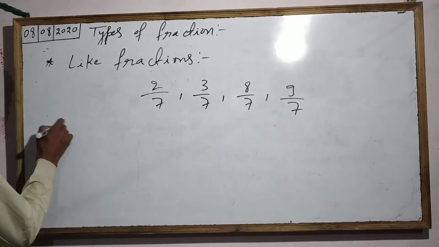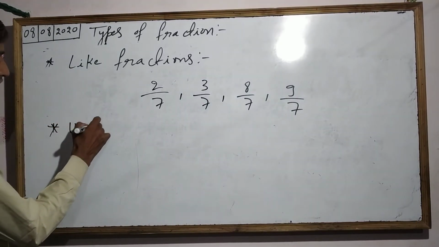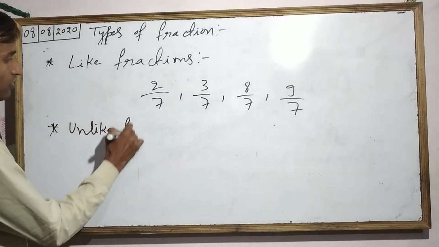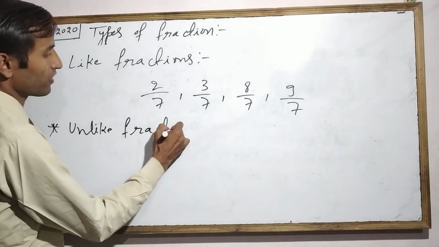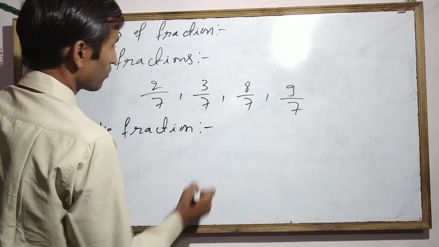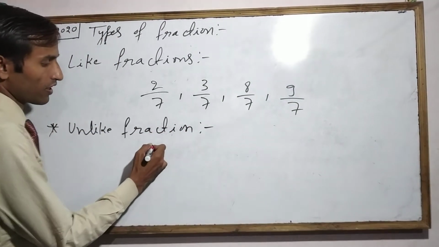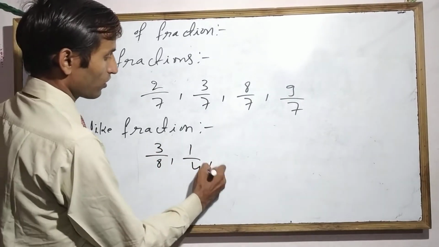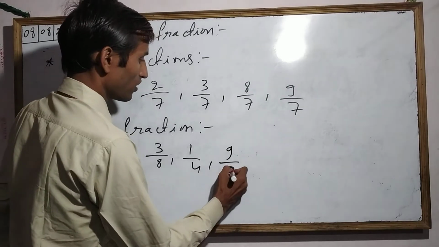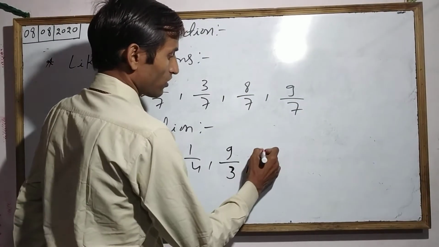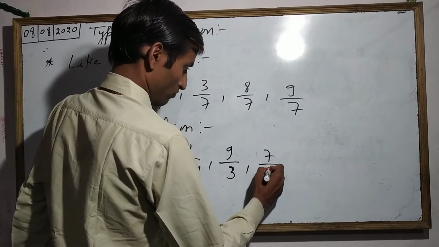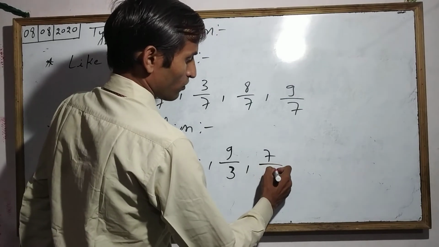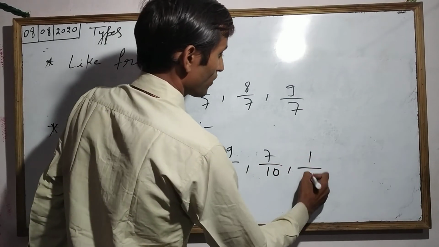Okay, and for unlike fractions, the denominator will be different. Then that is called an unlike fraction. Means we can take another example: 3 upon 8, 1 upon 4, 9 upon 3, 7 upon 10 and 1 upon 11.